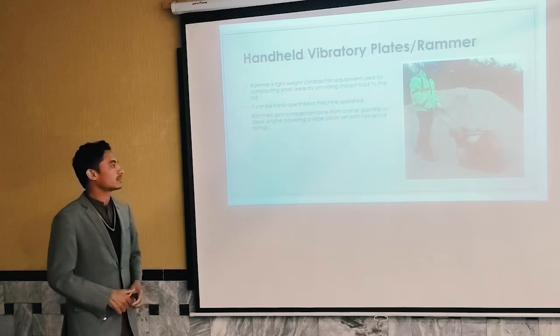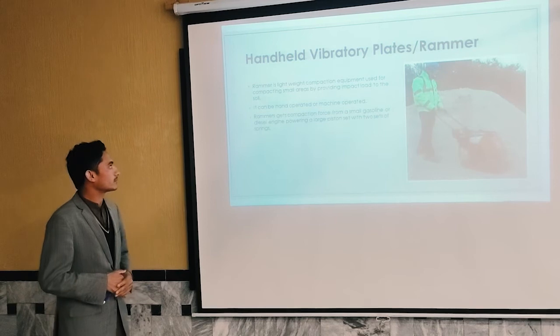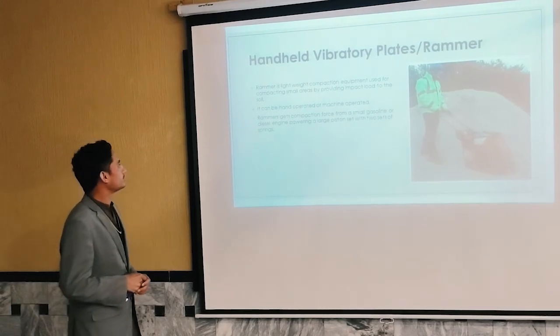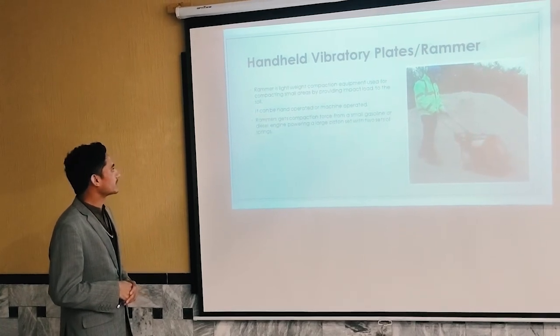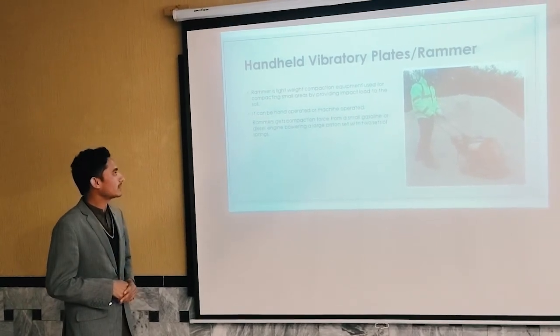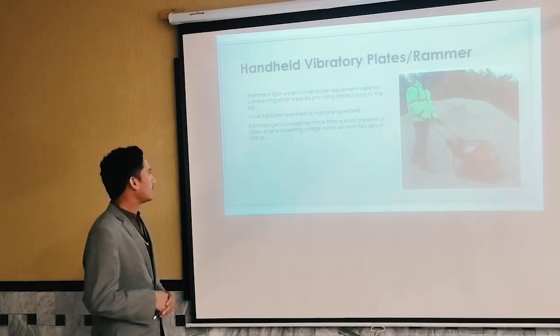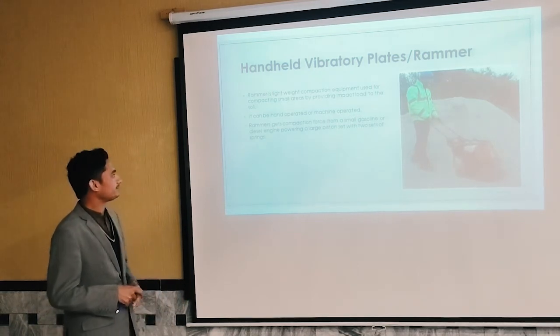This one is the last, another type of compaction equipment: hand vibratory plates and rammer. A rammer is a lightweight compaction equipment used for compacting small areas by providing impact load to the soil. It can be hand operated or machine operated.